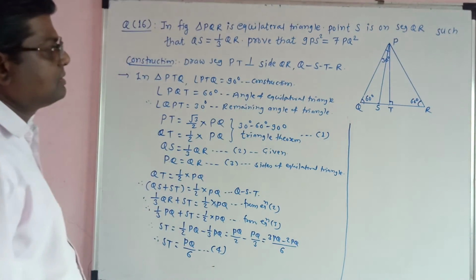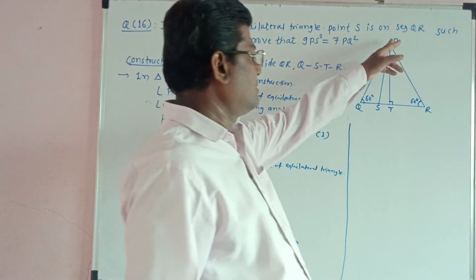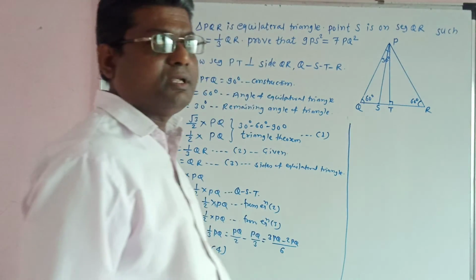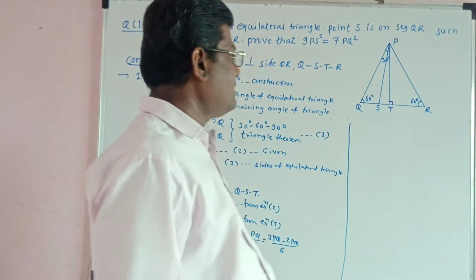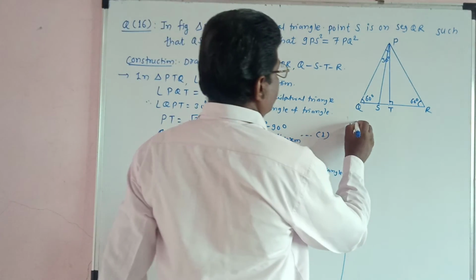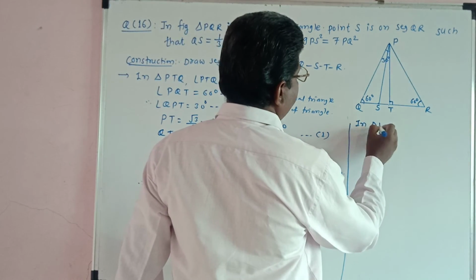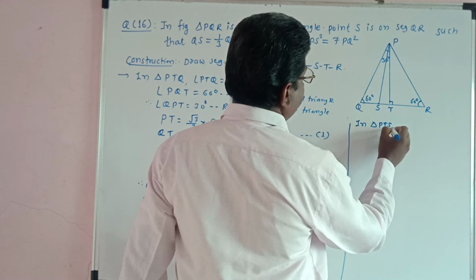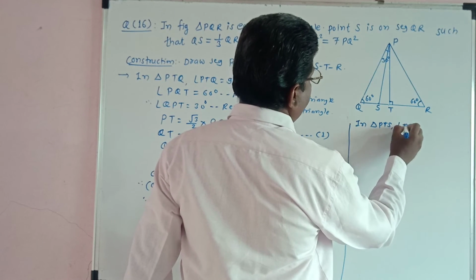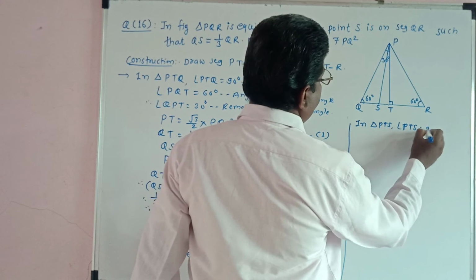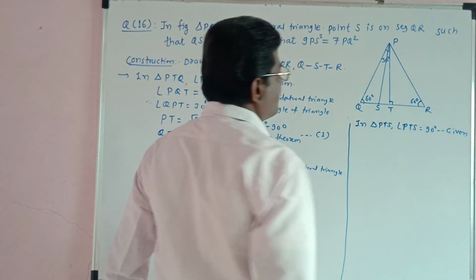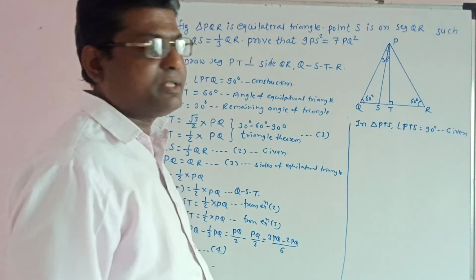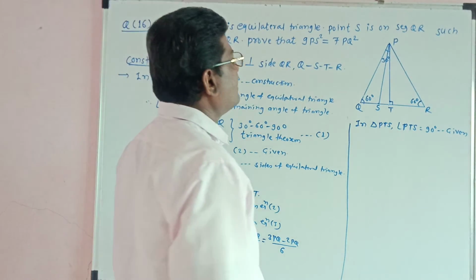Now consider a triangle PTS. In triangle PTS, angle PTS is equal to 90 degrees. It is given. Therefore, we can apply Pythagoras theorem for this triangle.